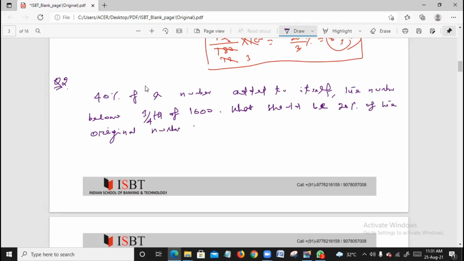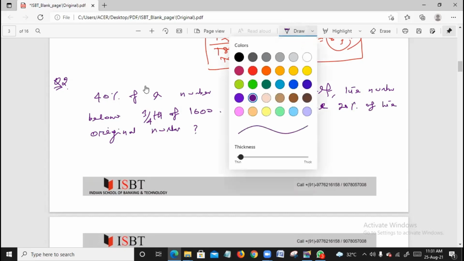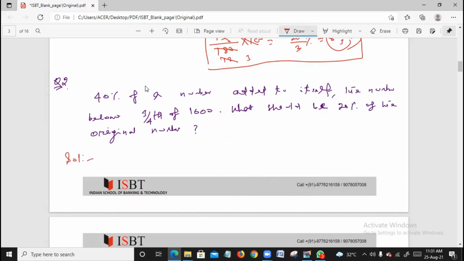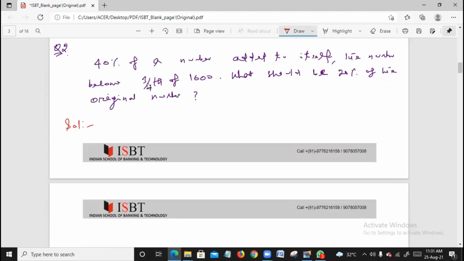Okay, now to solve, you can apply the first method. 40% of the number added to itself, the number became 3/4 of 1600.